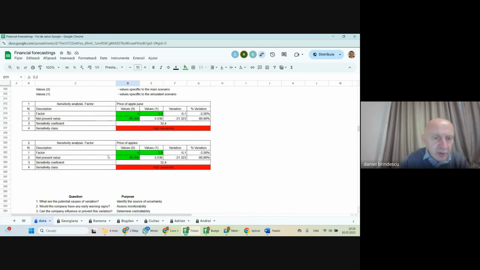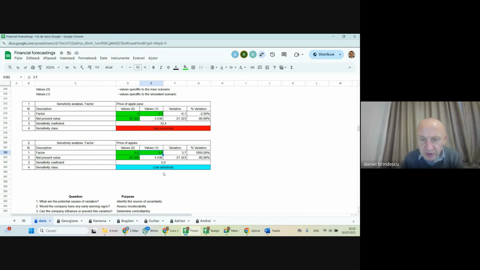So in the table, I'm going to say 0.2, the value from the main scenario, and the risk would be of it, of course, increasing.